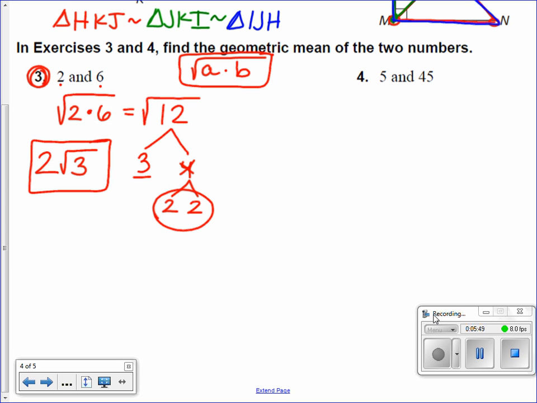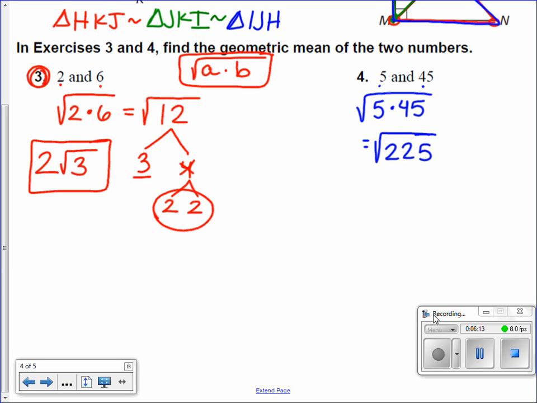Same thing over here, 5 and 45. We're going to take the square root of 5 times 45. 5 times 45 is 225. Before I start breaking that down, I'm going to go ahead and type that in and see if I get a perfect square.